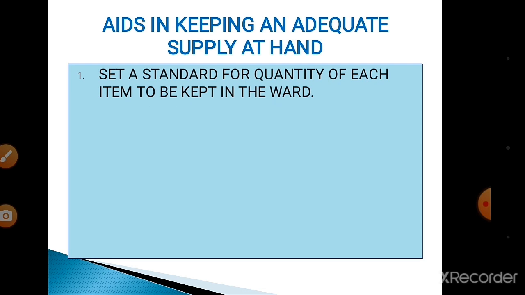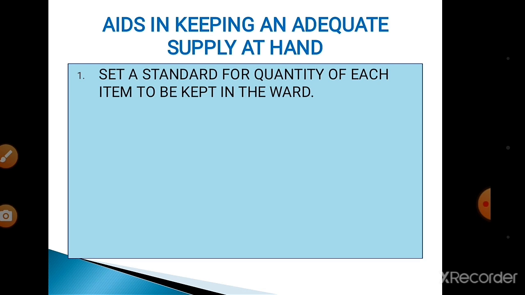Standards are established quantities which are required to meet the needs of a particular division. Example, a unit may have a standard of 4 10 ml syringes, which is the number the head nurse should keep at hand at all times.